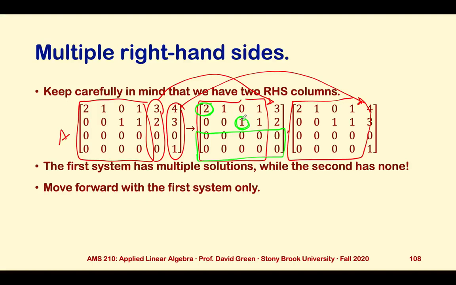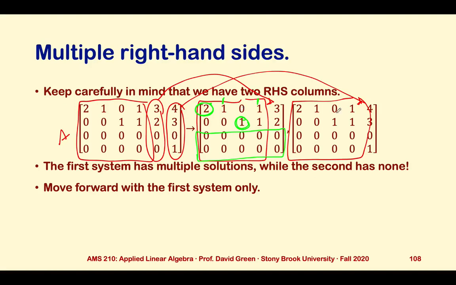So x1 and x3 are pivots. We also have a free variable in this position and a free variable in this position. Our analysis of this row echelon form says the first system will have multiple solutions. We need back substitution to solve it.